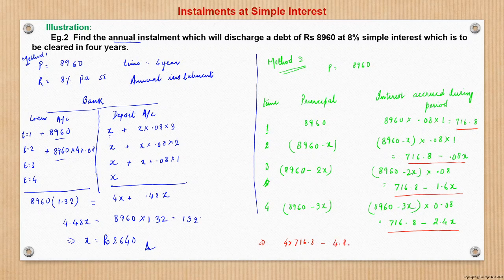So minus 4.8x. This will be nothing but delta, which will be 4x amount minus 8960 interest. So this will be equal to 4x minus 8960. If we solve this, we will get the same value, which is 2640. So same way as we had done in question number 1.